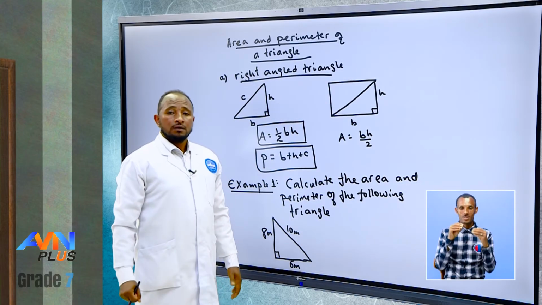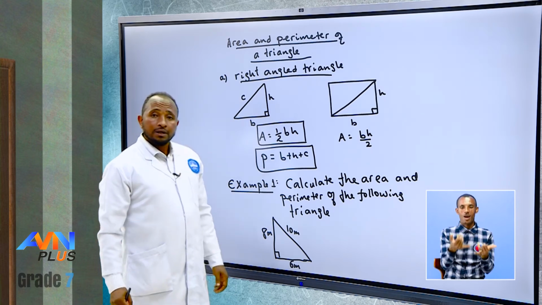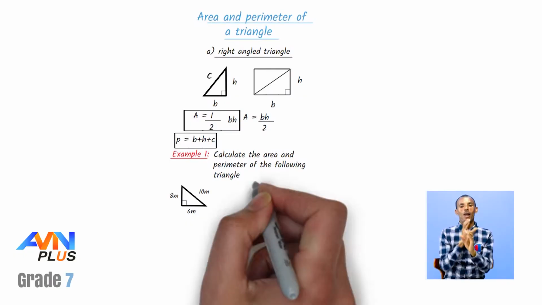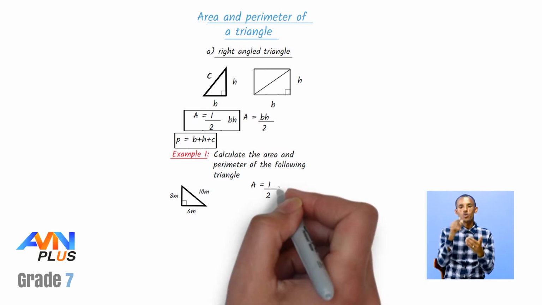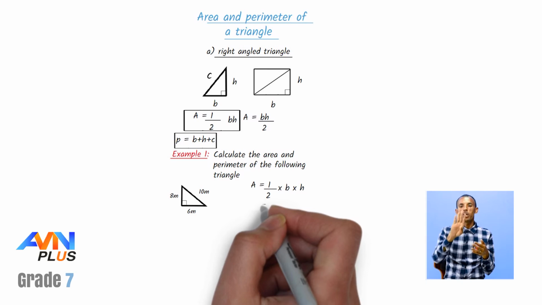Students, have you tried the question? Good. Now, let's see the answer together. To calculate the area of a triangle, simply you use this equation, half times base times height.